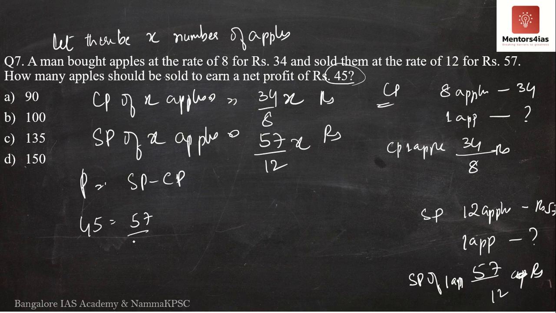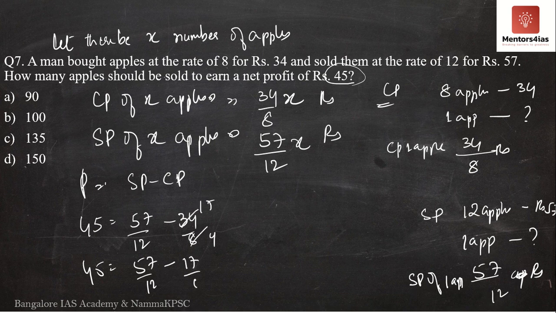We have 57 by 12 minus 34 by 8. I will write this as 45 is equal to 57 by 12 minus 17 by 4, since 2 fours are 8 and 2 seventeens are 34. Now I will multiply and divide 17 by 4 by 3.